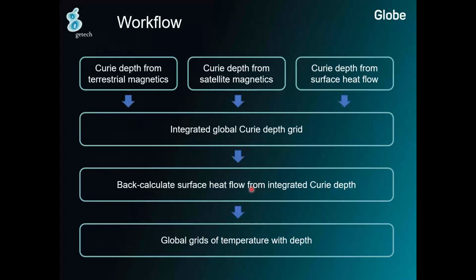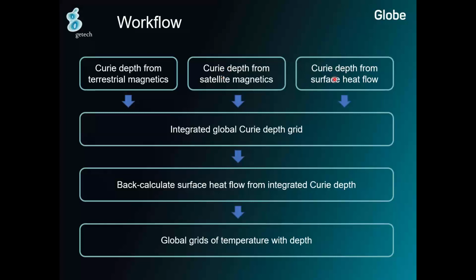So this is the workflow that we've basically followed. We've aimed to produce an integrated global Curie depth grid. A Curie temperature depth grid is something that we can produce directly from each of our data sets: from terrestrial magnetic data, satellite magnetic data, and from surface heat flow.